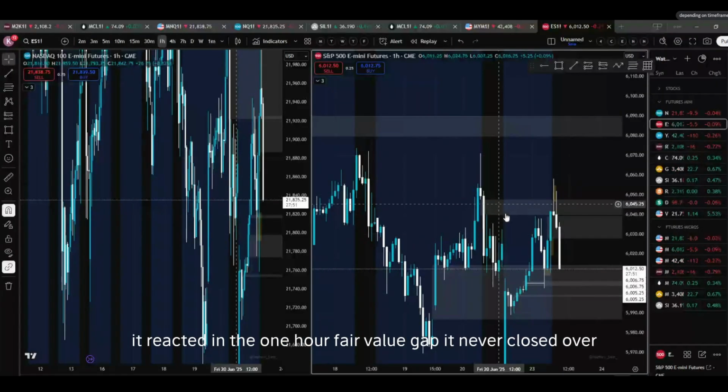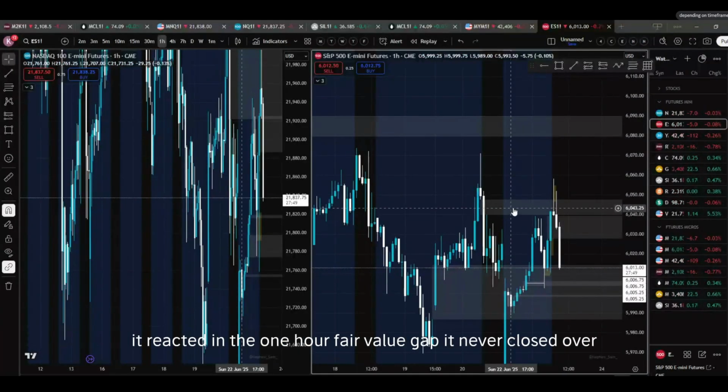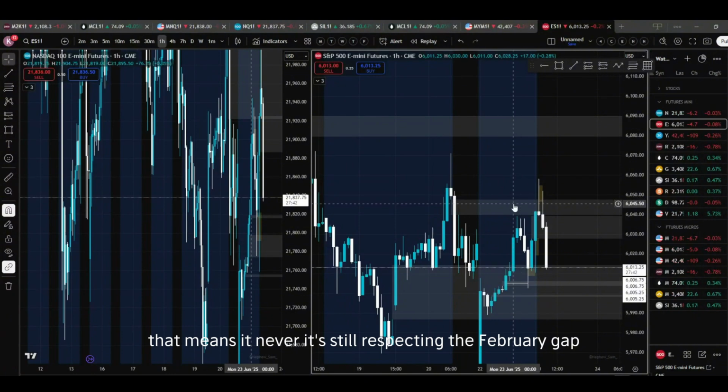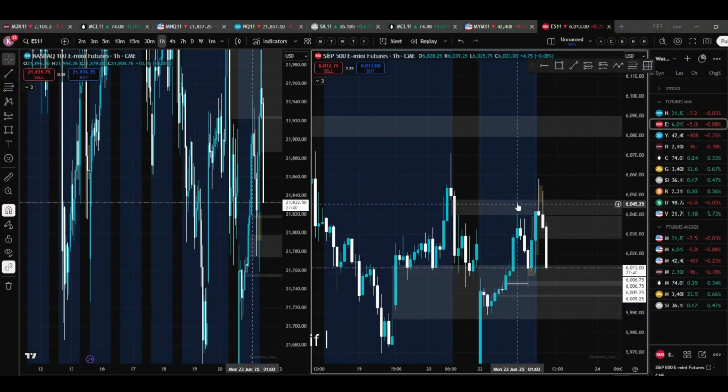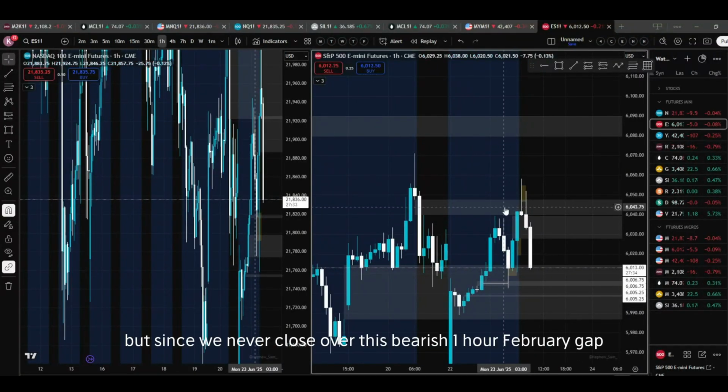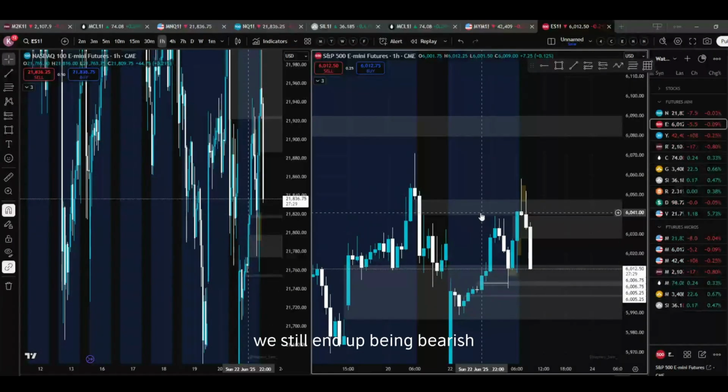It reacted in the 1 hour fair value gap. It never closed over, so it's still respecting the fair value gap. If it closes over, this will become an inverse that you can use to find a bullish entry. But since we never closed over this bearish 1 hour fair value gap, we're still going to be bearish.